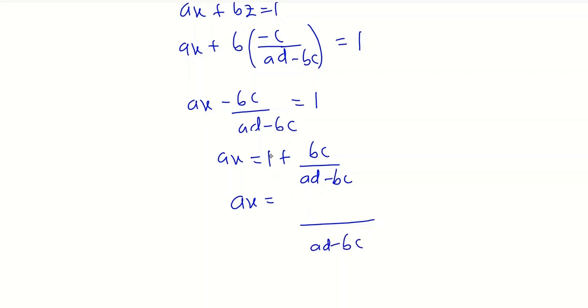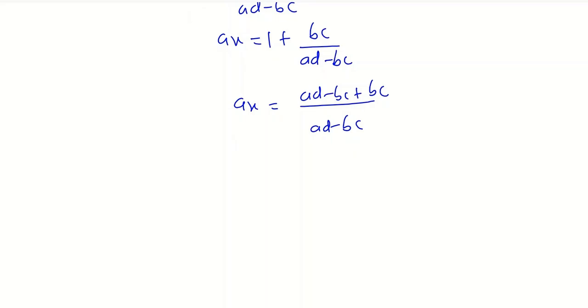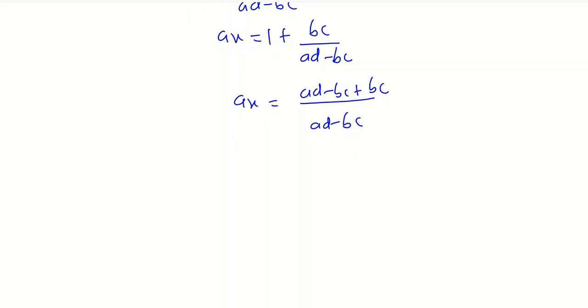AD minus BC goes into 1, we have AD minus BC itself, and AD minus BC goes into AD minus BC once, multiplied by BC, we have plus BC. So AX is equal to AD minus BC plus BC over AD minus BC. At this point, we can see that this cancels, and we have AX equal to AD divided by AD minus BC.